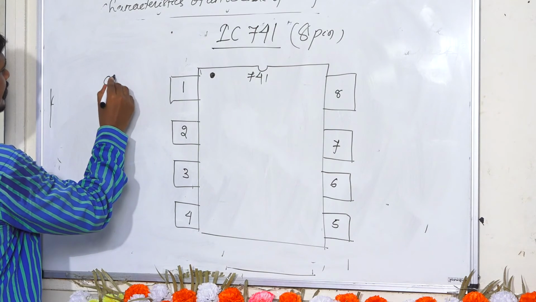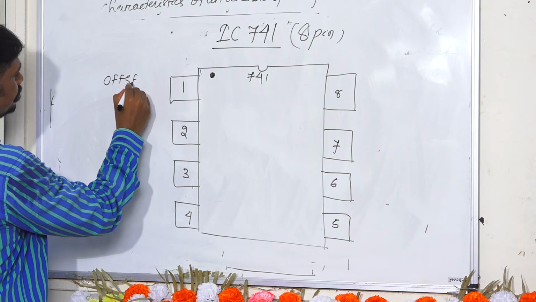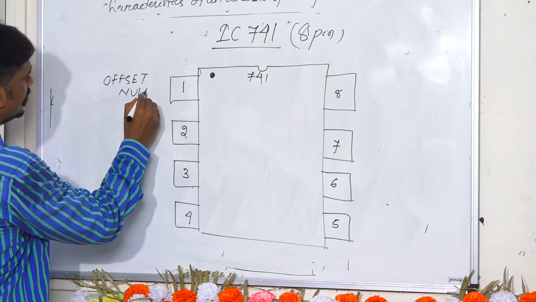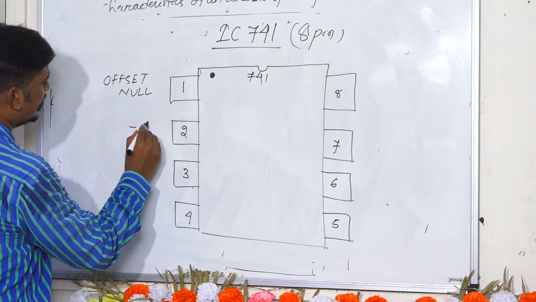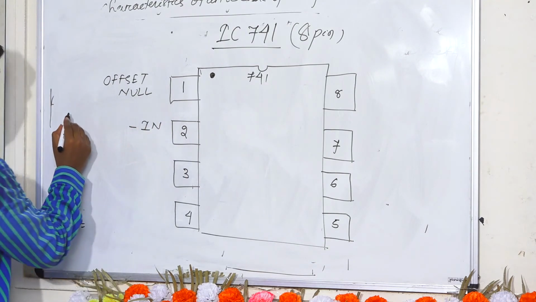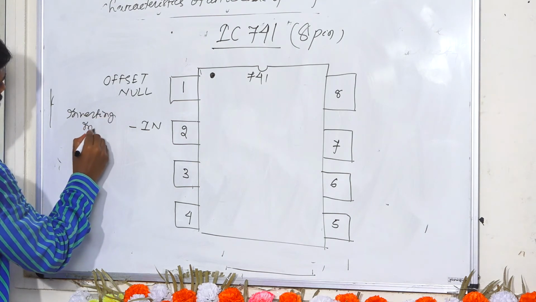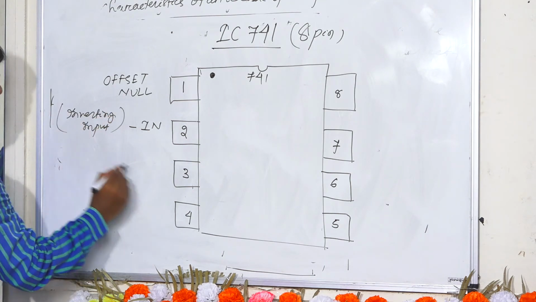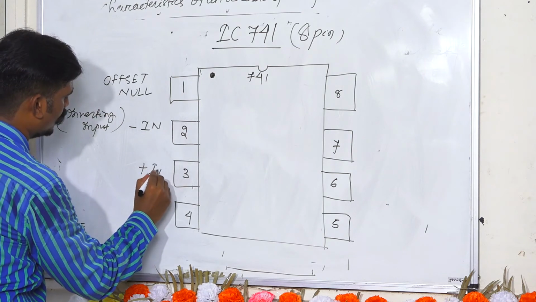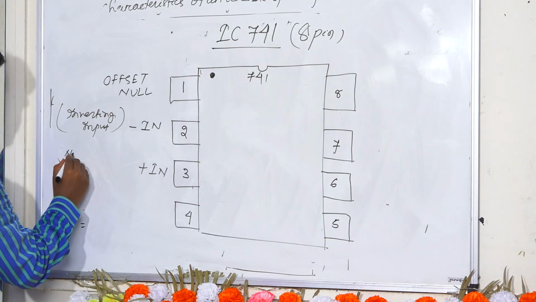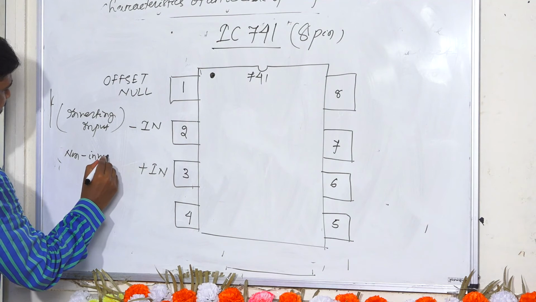So pin number 1 is your offset null. Pin number 2 is your negative input, or you can say this is inverting input. Pin number 3 is your positive input, that is non-inverting input.